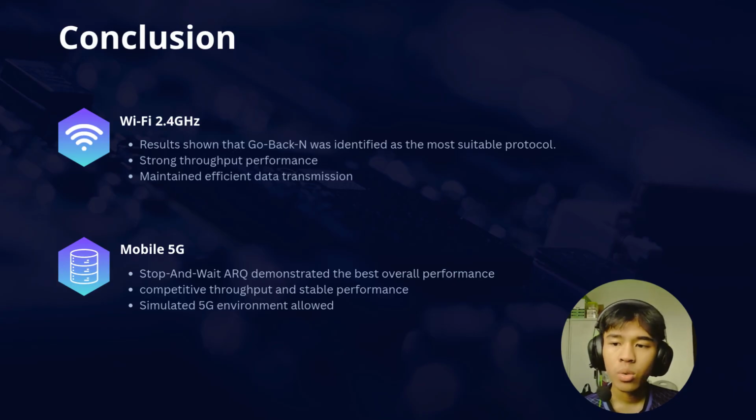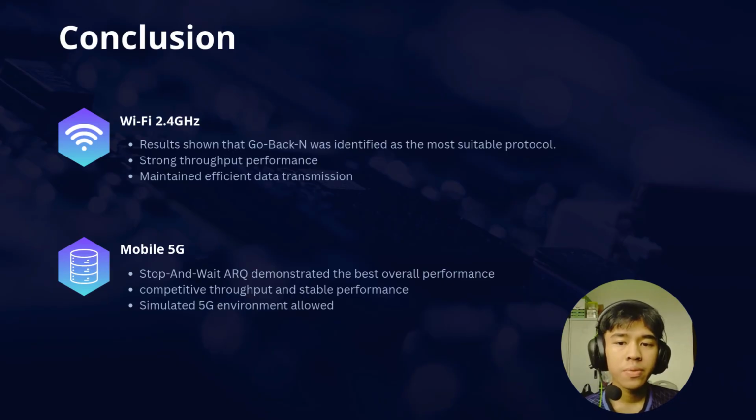As you can see here, for the Wi-Fi 2.4 GHz access network, Go Back N was identified as the most suitable protocol, and it also consistently achieved strong throughput performance and maintained efficient data transmission across different network conditions.